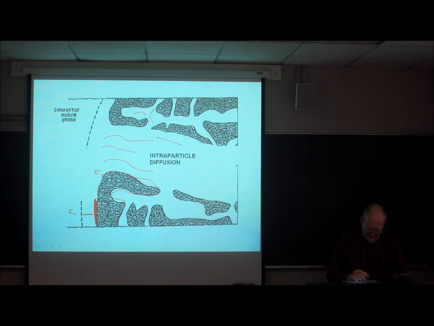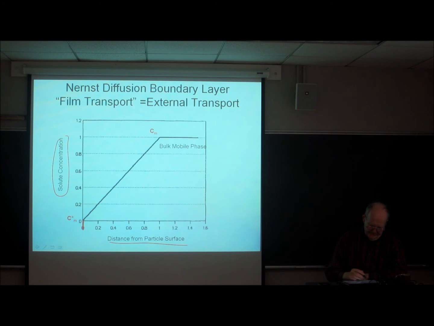We're talking about diffusion in this thin film here, and then out here in the bulk, we assume that convection is so fast that the solution is homogeneous. Out here, the solution is homogeneous, and you have only a diffusion gradient between the Nernst layer and the surface of the particle. And so that's the plot versus distance from the surface. And that's our bulk mobile phase, which we assume is well mixed because it's moving.